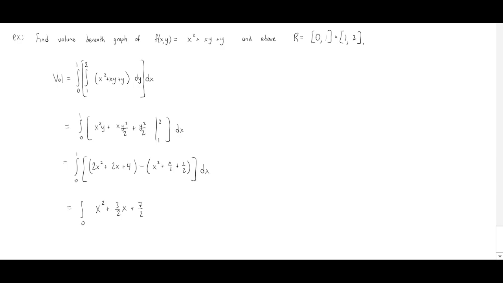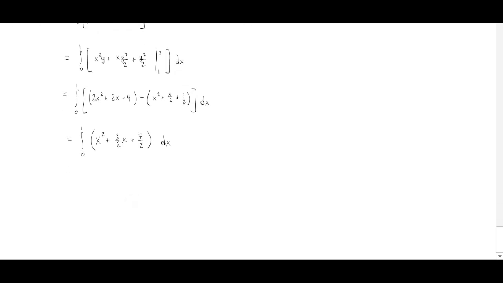Okay? All right. And finally, just integrating, it's x cubed over 3. Here we'll get 3x squared over 4. Then this would be 7 over 2 x. Okay.